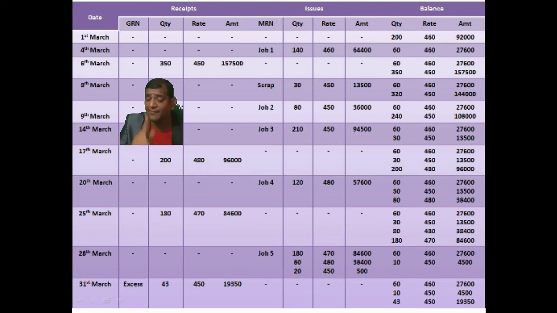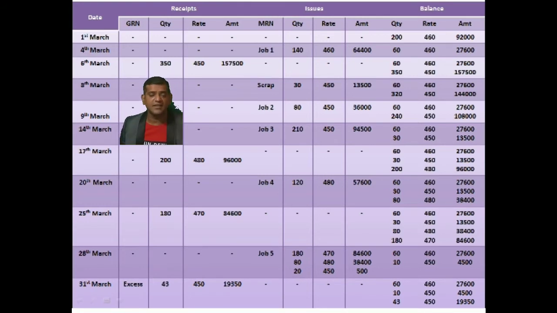Because I am following the pricing method of LIFO, that is last in first out. So in the previous date, under the balance column, the one which is at the bottom, at the last, that is recently added, should be removed first. Okay, so the rate is 450 rupees.